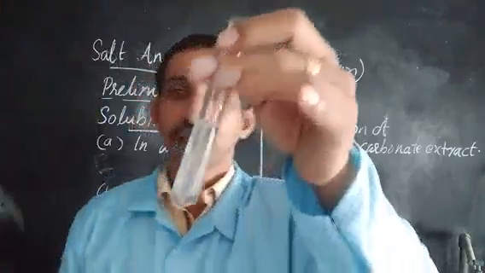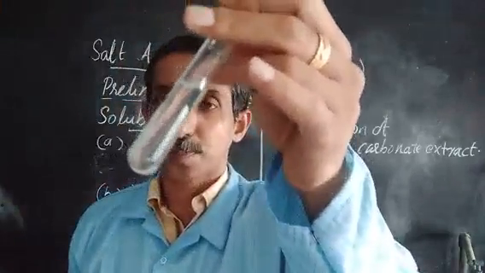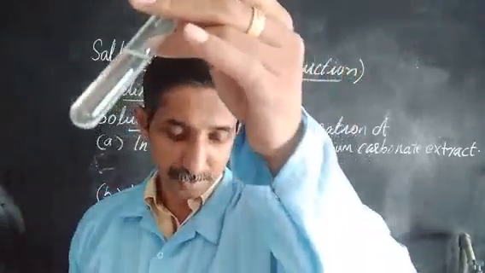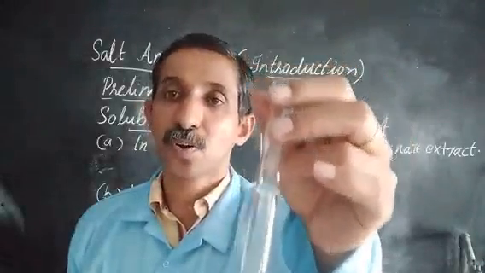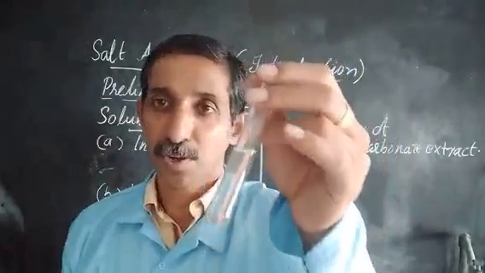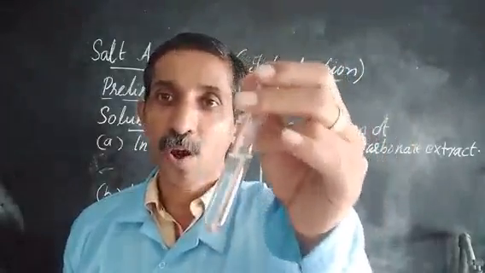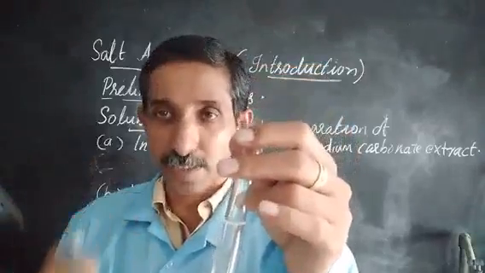And you are getting no precipitate. That means the given salt is of ammonium. Ammonium salts will not give any precipitate when sodium carbonate solution is added.